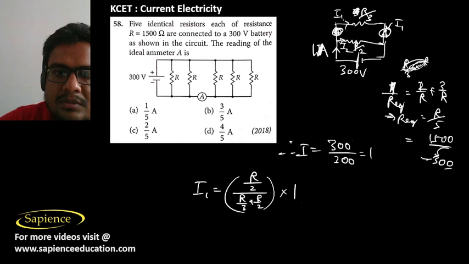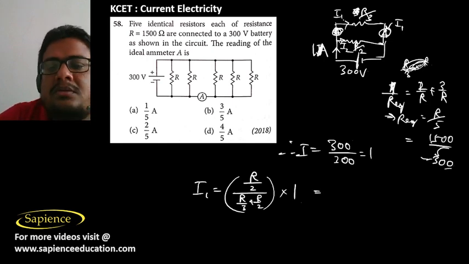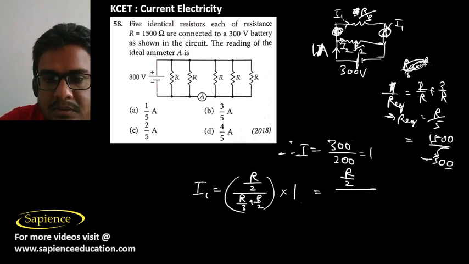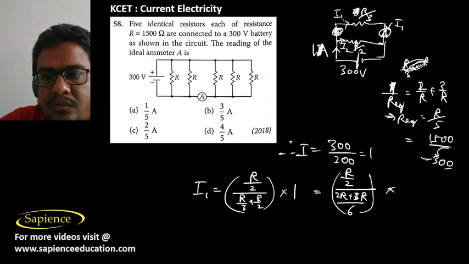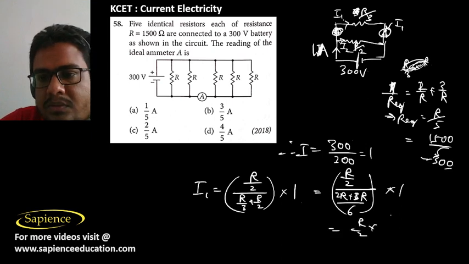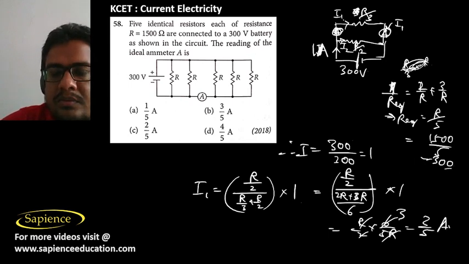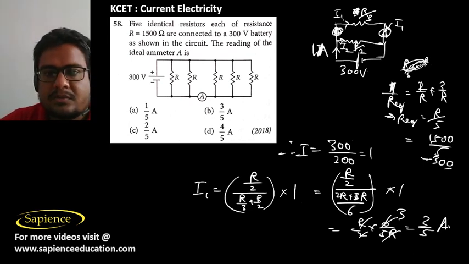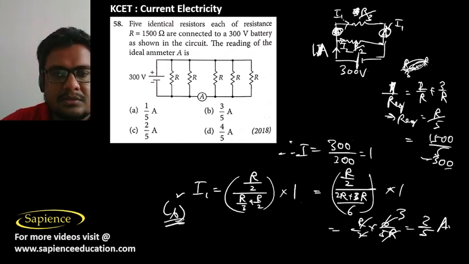Since current will be divided in the inverse ratio of the resistances, I1 will be R by 2 by (R by 3 plus R by 2) into 1, that is R by 2 into 6 by 5R. So 2 3s are 6, 5R and R cancel. So 3 by 5 ampere, and this is 2 by 5 ampere. 3 by 5 ampere, so option B is the correct answer.